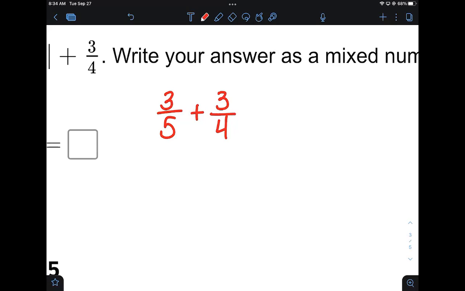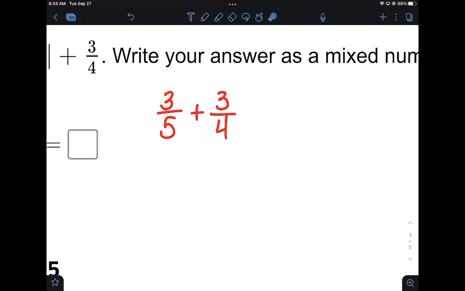Instead, we have to find a common denominator, which means I'll have to change my numerators as well. Is there a number you can multiply 4 by so it turns into 5? 4 times 20 is 5? No. 4 times 1? 4 times 2? 4 times 5 is 5? So what you're saying is that there isn't a number I can times 4 by, and we're going to have to change both.